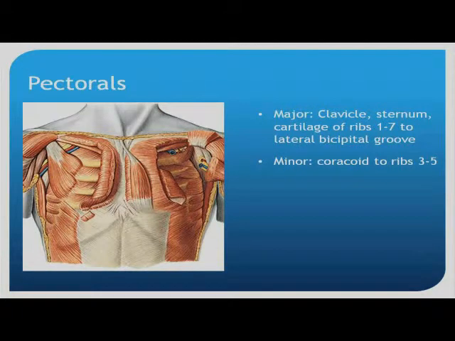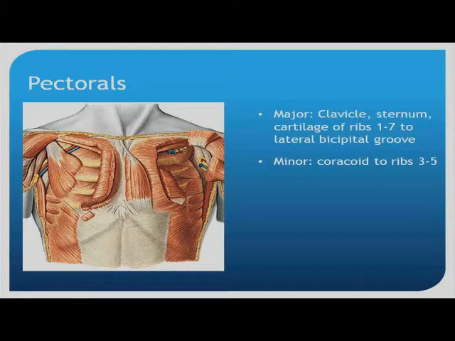The pectoral muscles are very much a player in upper extremity pain because of their anatomical attachments. From the clavicle, again, that only bone that really articulates the upper extremity back to the axial skeleton, pec major is all along the clavicle and then down to the sternum in ribs 1 through 7 and then over to the bicipital groove.